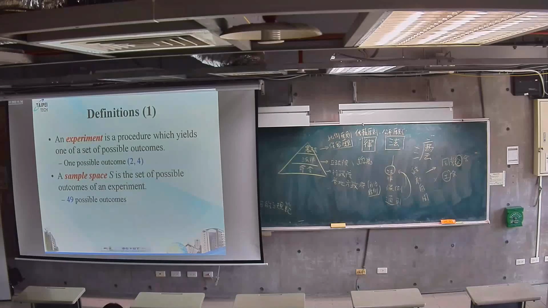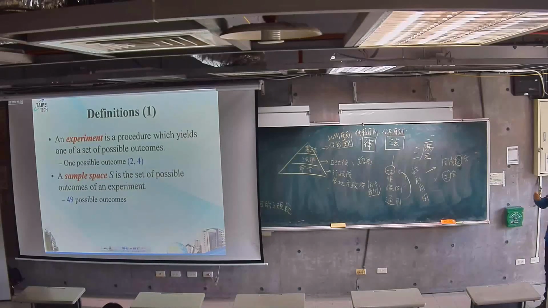So this just shows one possible outcome for our experiment. In the experiment, it produces possible outcomes. If we collect all the possible outcomes, it is the sample space for our experiment.